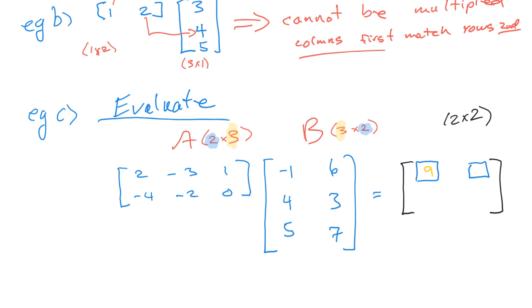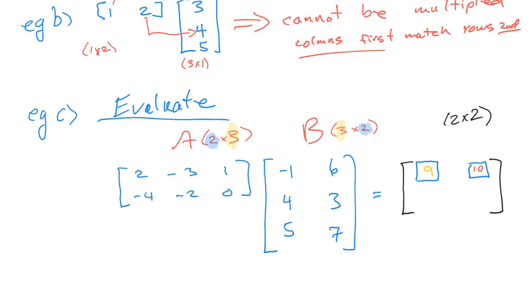We're going to go this by all of these: 2 times 6 plus -3 times 3 plus 1 times 7. What that gives me is 10.